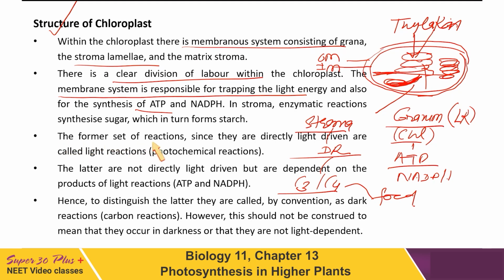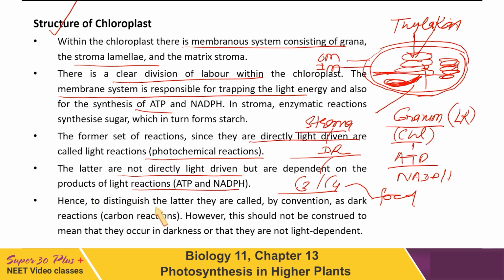The former set of reactions, since they are directly light driven, are known as photochemical reactions, and as a result they produce ATP and NADPH2. The latter, the dark reaction, doesn't need light directly; it uses the assimilatory power produced in the light reaction.